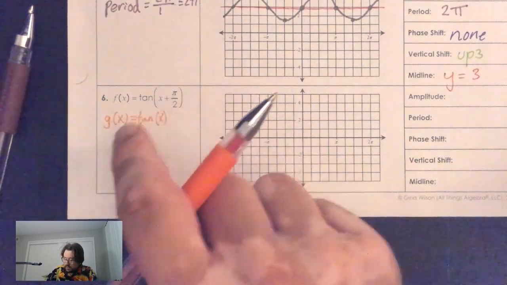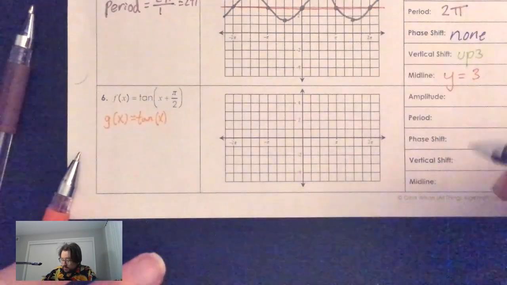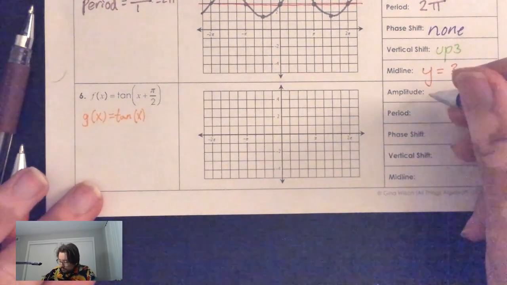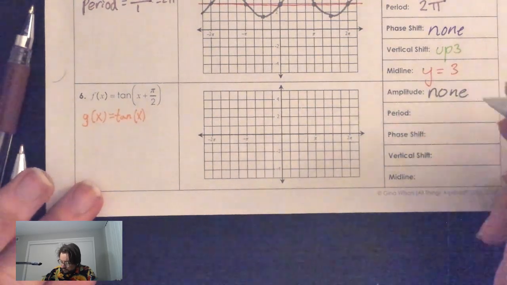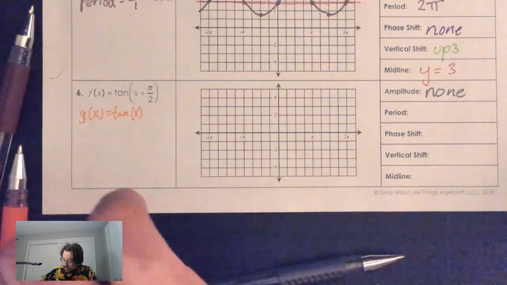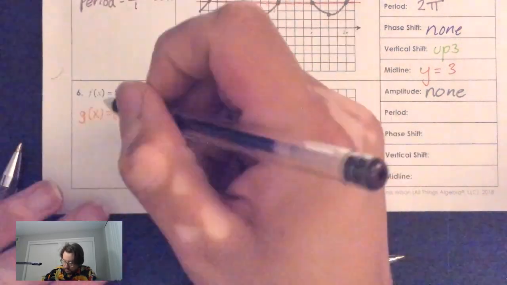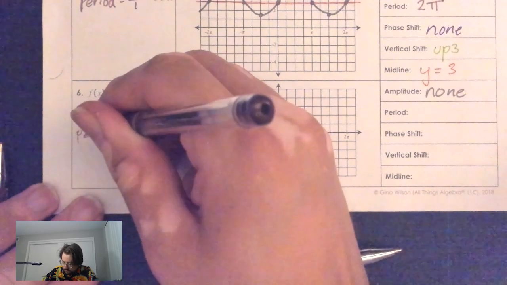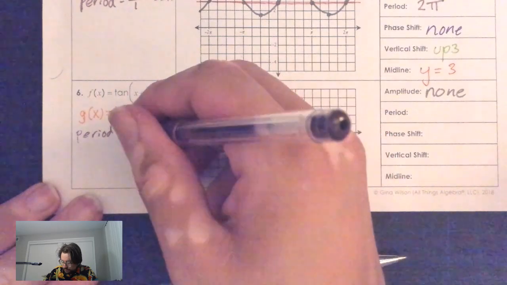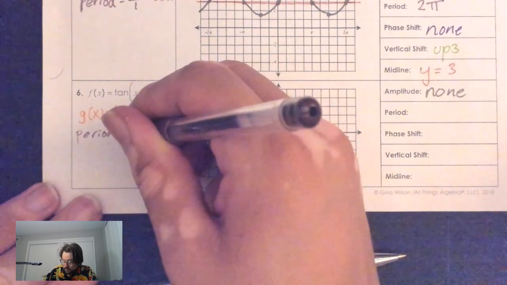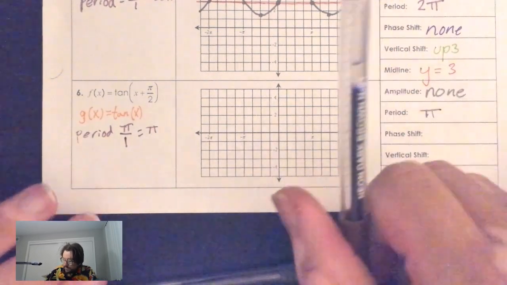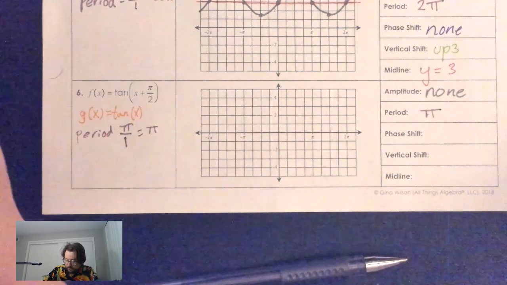So I can look at the period and the amplitude. This is a tangent graph, so we know it has no amplitude. Its period is equal to pi over the b value, so pi over 1, which is pi. There is a phase shift.